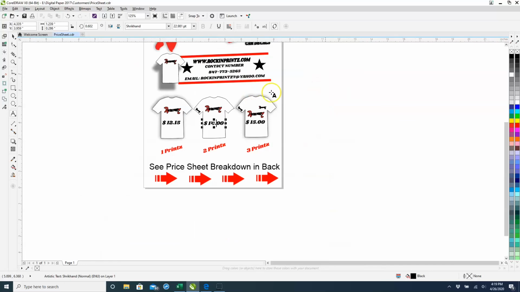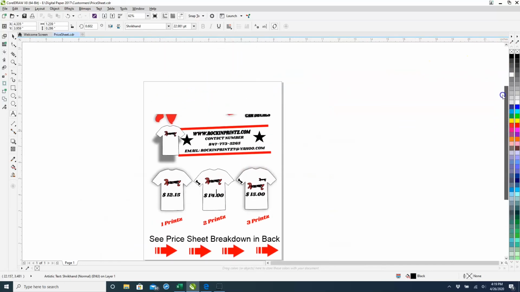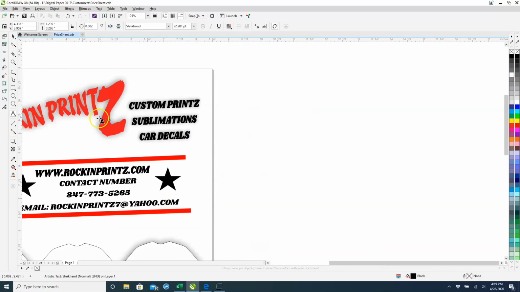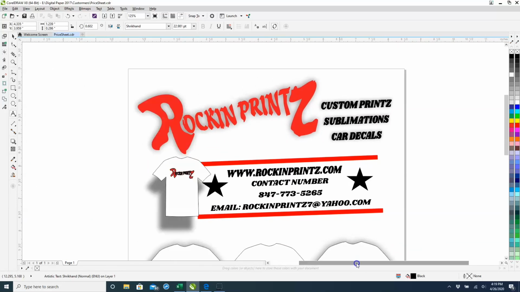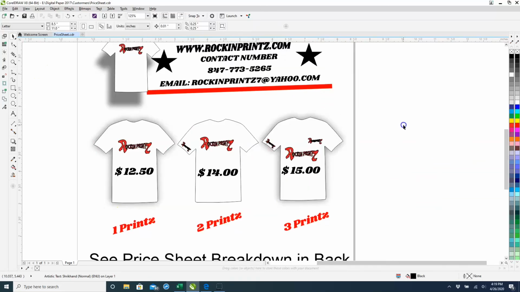Okay, so now you can see my layout where I have my logo, custom prints, sublimation, and decals. Here's just a graphic design that I made, and my website, rockandprints.com, my contact information, and my email. So if I'm the customer, I'm looking at these 3 t-shirts.